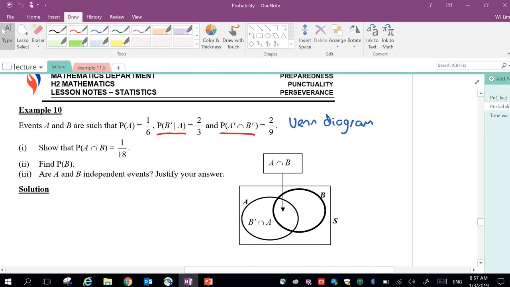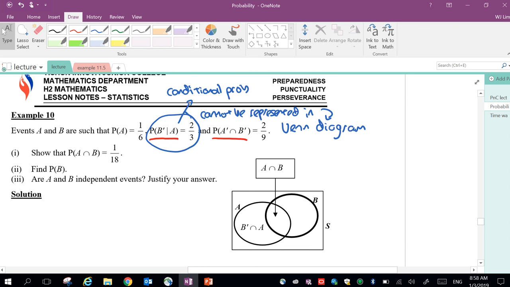But please take note again, these two conditional probabilities cannot be represented in a Venn diagram. The two-thirds can never be represented in the Venn diagram, but I can use the formula to decompose it.